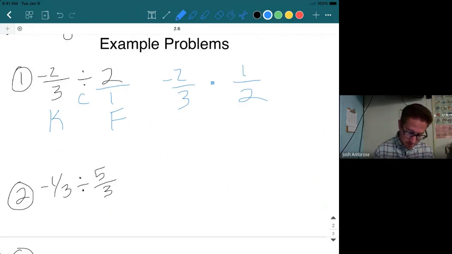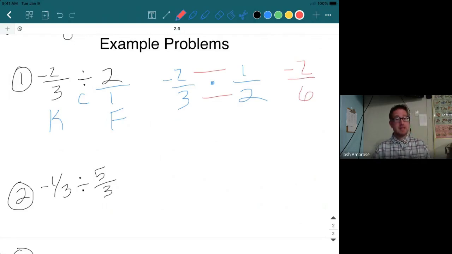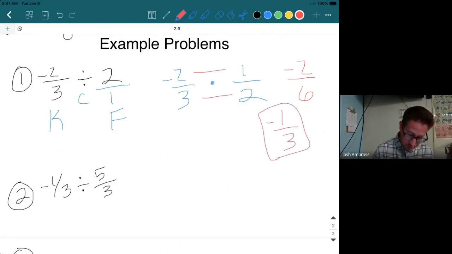Multiply straight across. Negative 2 times 1 is negative 2. 3 times 2 is 6. Negative 2 over 6, but we're not done. Why? Because you need to reduce the fraction to negative 1/3. All right, there we go. First example problem down.